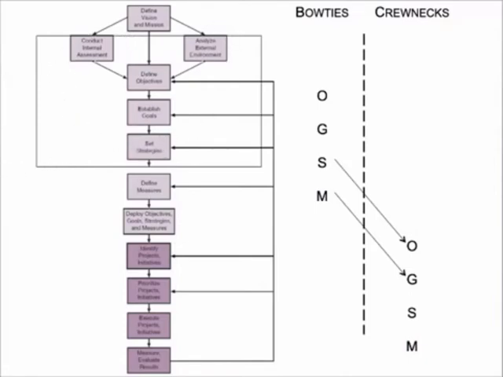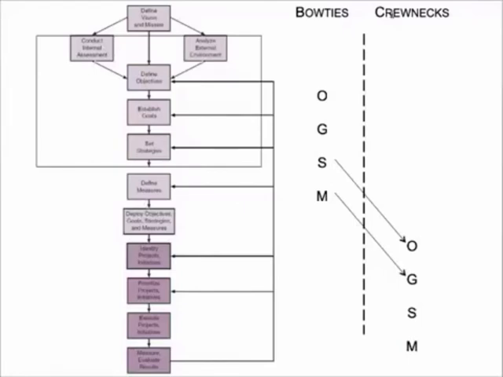These are the people in corporate offices that are making decisions over what's going to happen for the next 5 years, the direction of the organization, and their strategies and measures are going to filter through whatever units you've got, business units, strategic units, down to the departments where the crew necks are actually going to take those strategies and measures and employ them to achieve whatever strategies the bow ties have set forth.